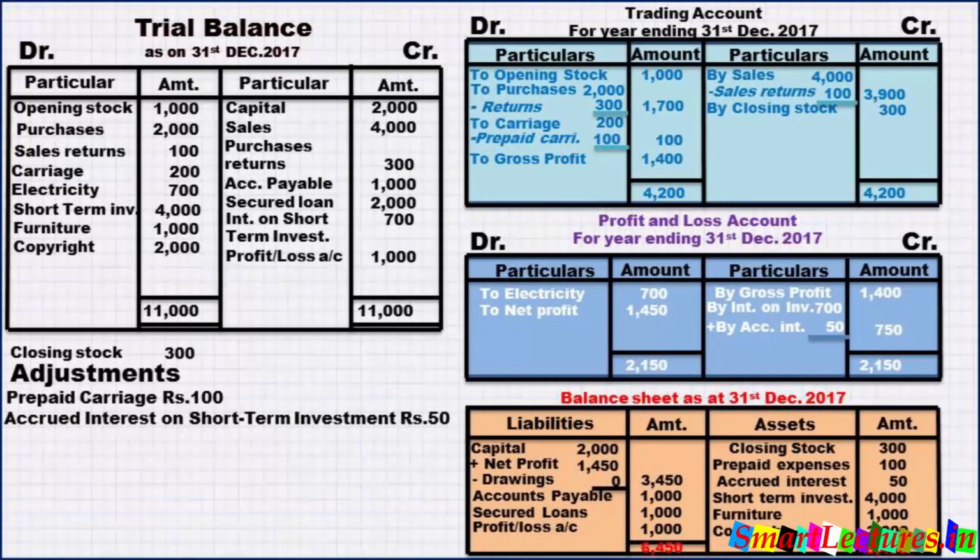So you have seen, whenever there is a prepaid expense, number one, it is deducted in the inner column of that item, whether it's the trading account or the profit and loss account. And number two, accrued incomes, the incomes to be received in future.